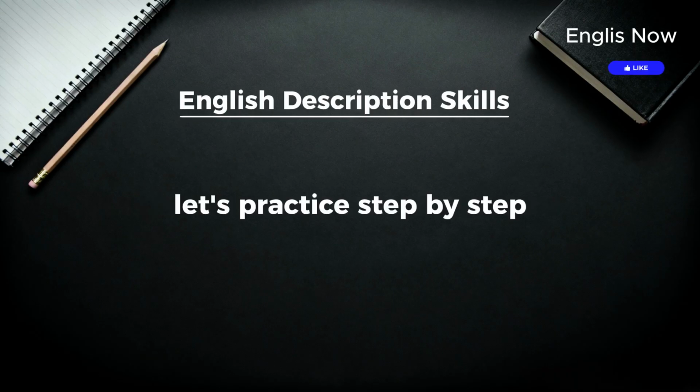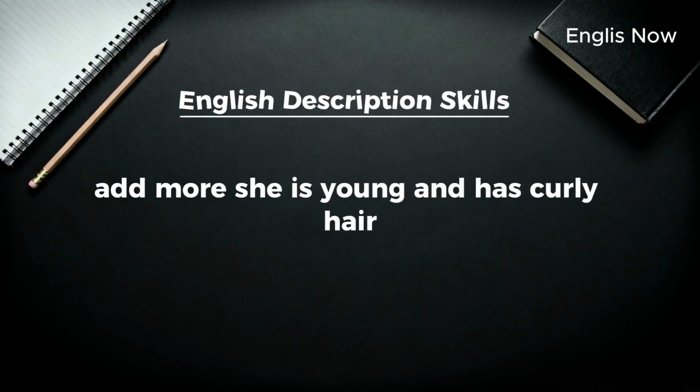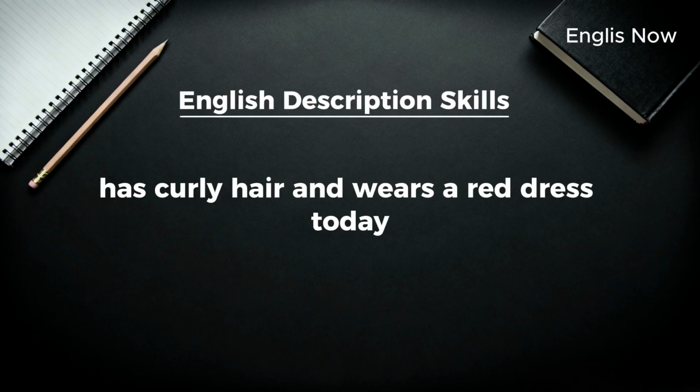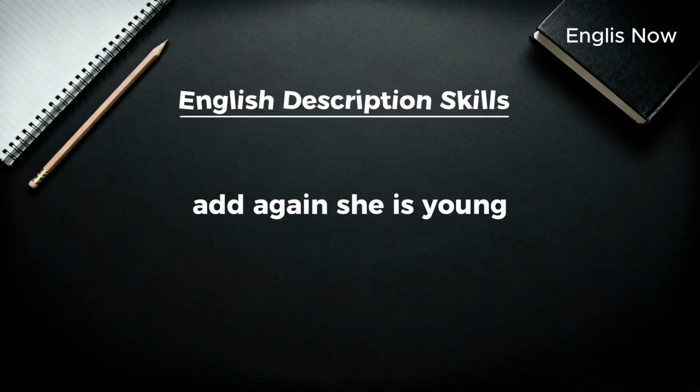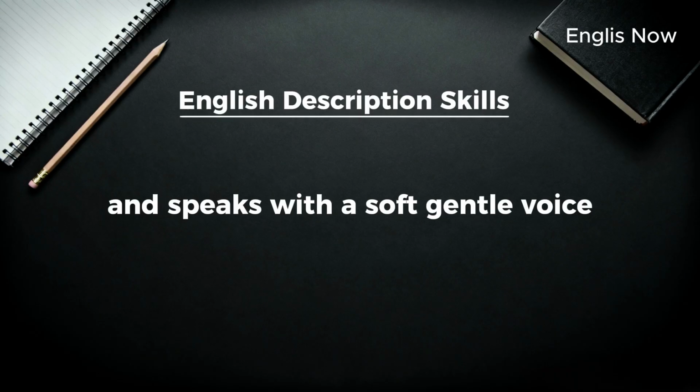Let's practice step by step. Repeat after me. She is young. Add more. She is young and has curly hair. Add again. She is young, has curly hair, and wears a red dress today. Add again. She is young, has curly hair, wears a red dress today, and speaks with a soft, gentle voice.